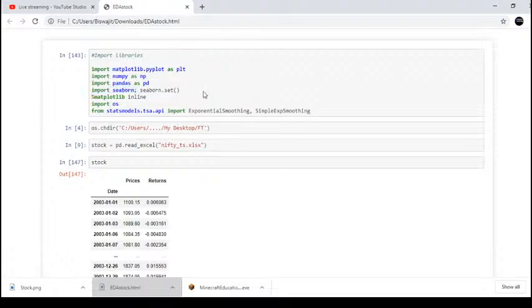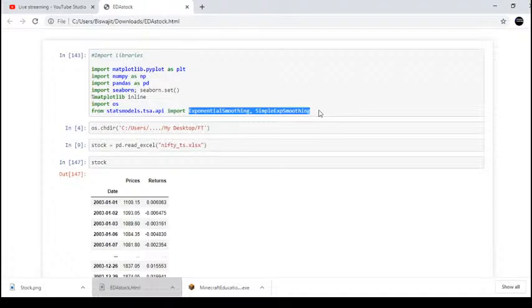And then I've also imported some other libraries from statsmodels. The statsmodels package is basically dedicated to doing statistical analysis, and from there I'm using the TSA, which means time series analysis. In particular, I'm importing the exponential smoothing and simple exponential smoothing.